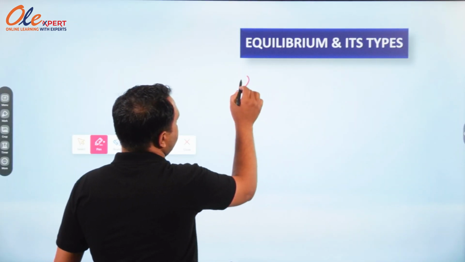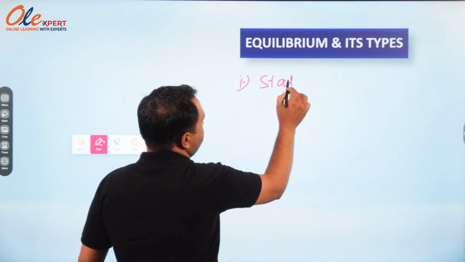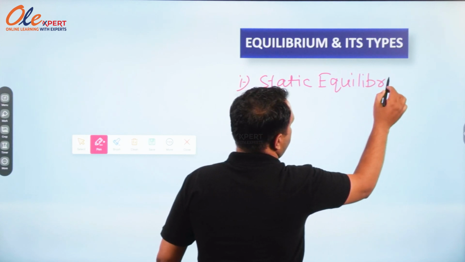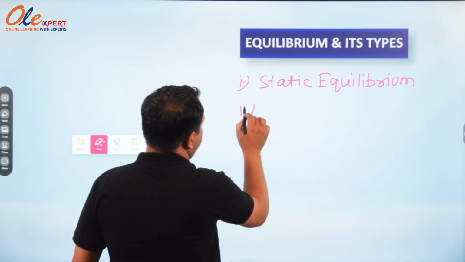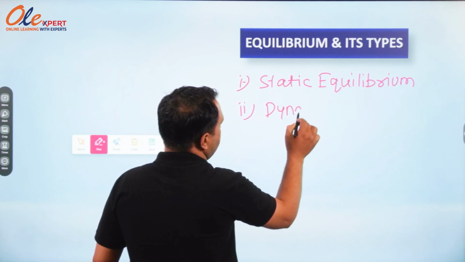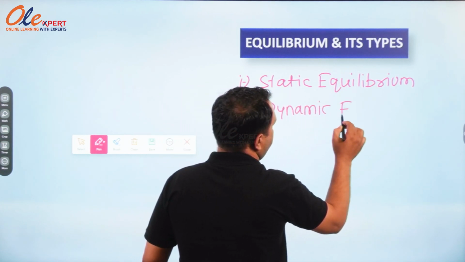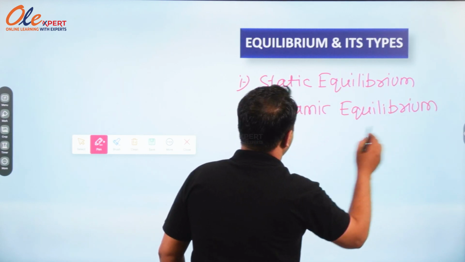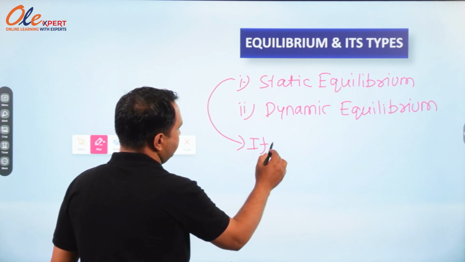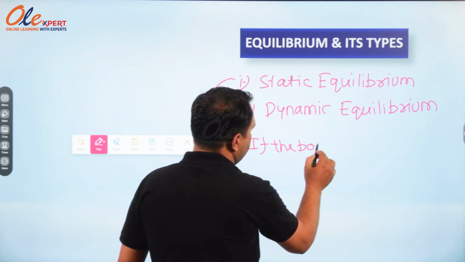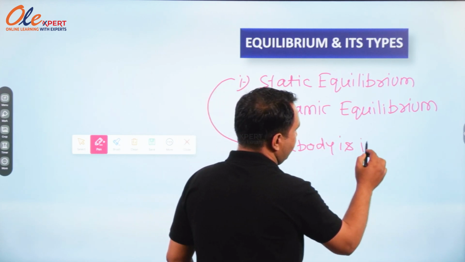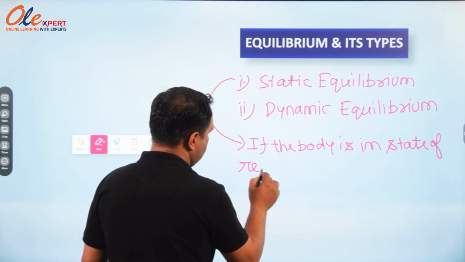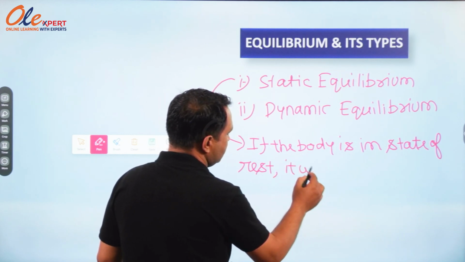First one is static equilibrium. In this case, if the body is in a state of rest, it will remain in the same state.